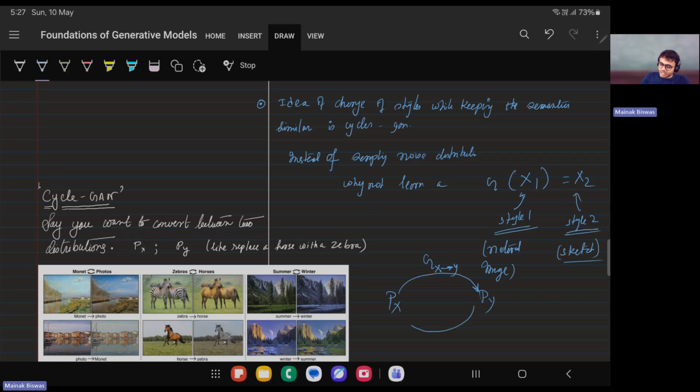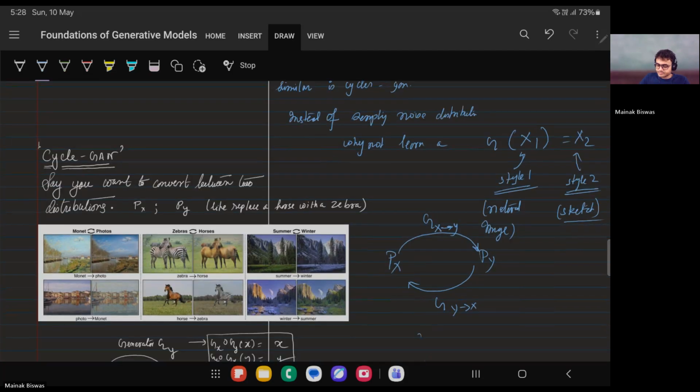I want another generator which will convert Y to X, right? These are the type of things I want, and hence it's called a CycleGAN.